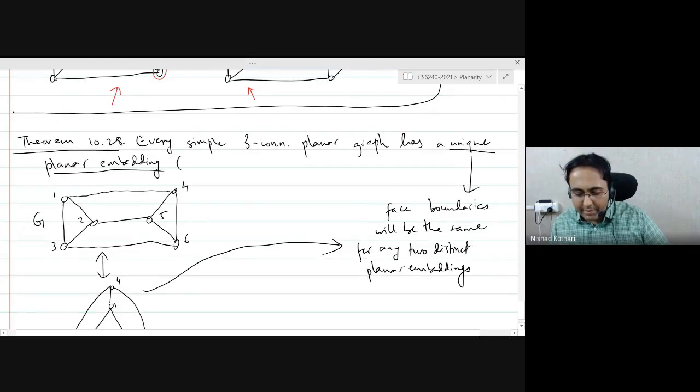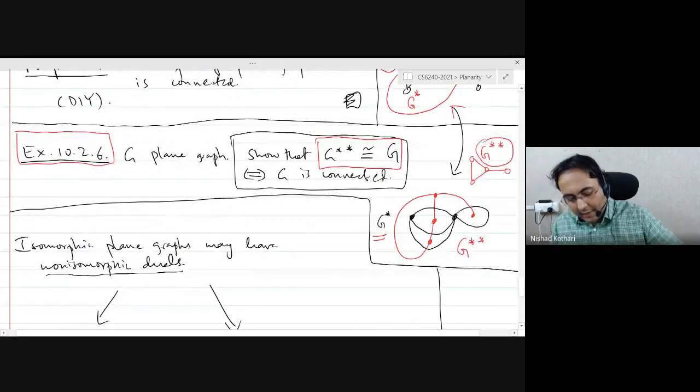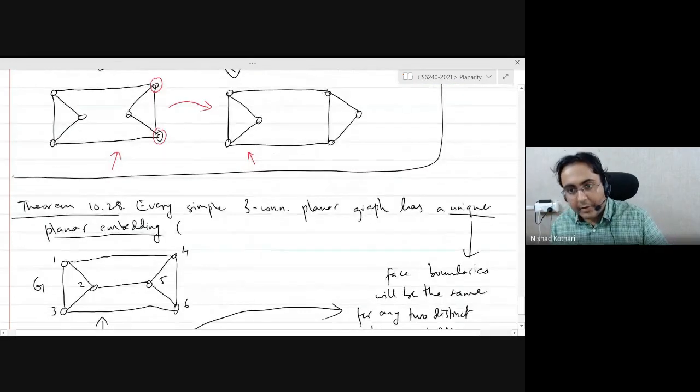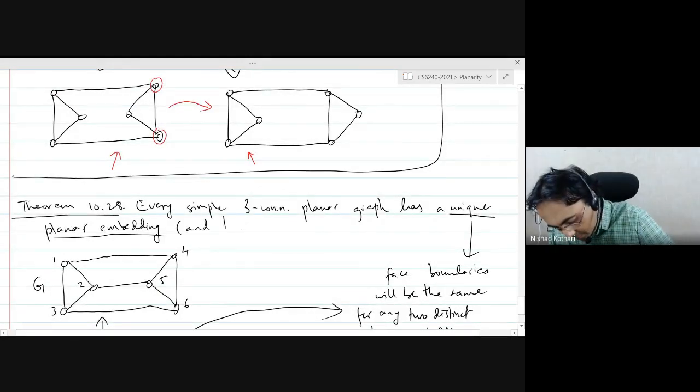And what this means is that the abstract dual is actually unique, because if you have the same embedding, then the way we define the dual, you're going to get the same graph. So you cannot get two non-isomorphic duals in the case of a simple three connected plane graph. Okay, and thus it has a unique dual.